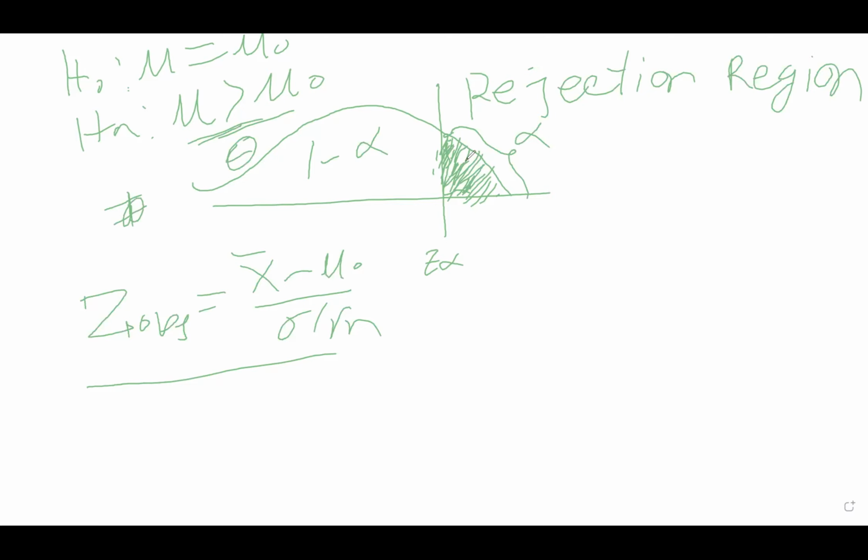Okay, so here, this is the alpha, the area of the rejection region. Now think about this. If your test statistic, Z observed, falls somewhere here, then what is the probability of Z greater than Z observed?